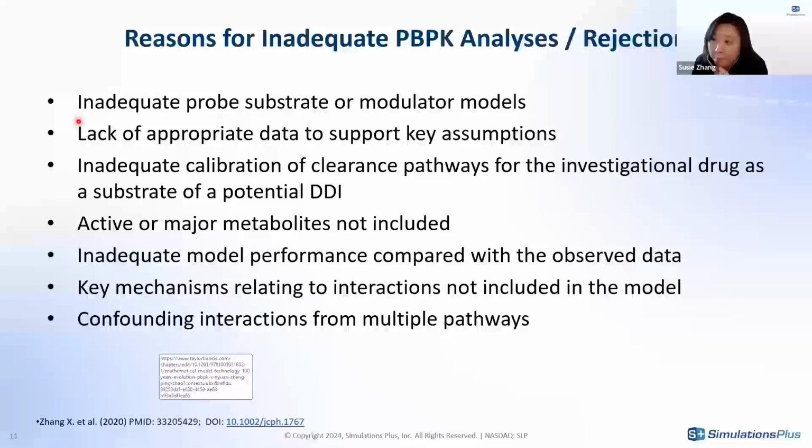As I showed you before, those probe substrate and modulator models should ideally be developed in a network, cross-validated against different DDI studies, of course, as many as possible. But we also understand that for some of the pathways, there are just not good substrate molecules or perpetrator molecules.